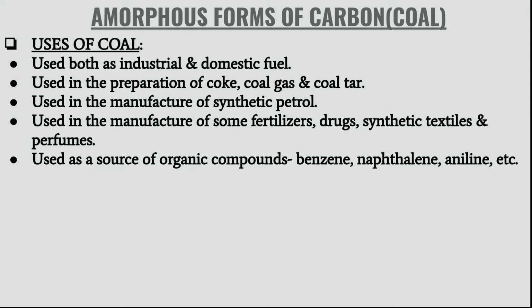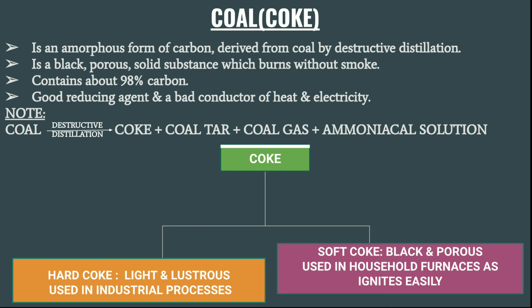It is used in the manufacture of synthetic petrol, fertilizers, drugs, synthetic textiles and perfumes. It is used as a source of organic compounds like benzene, naphthalene, aniline, etc. Next we come to coke. Coke, I told you, is a product formed from coal.